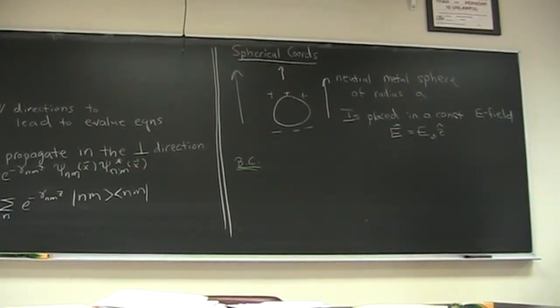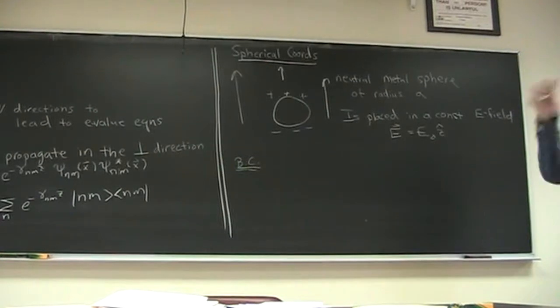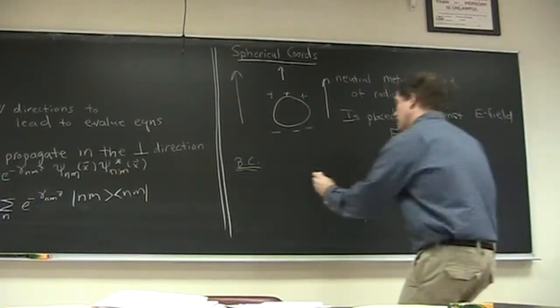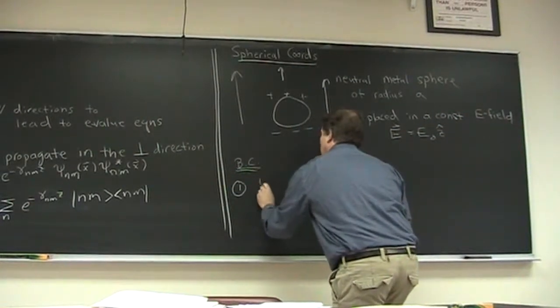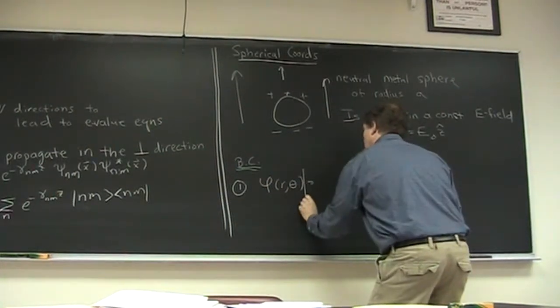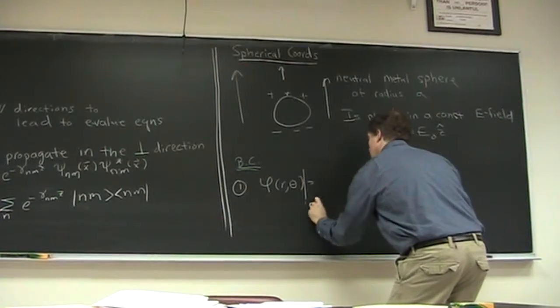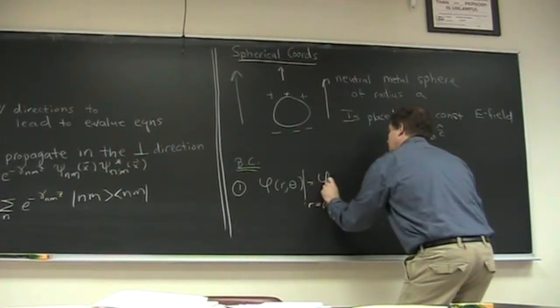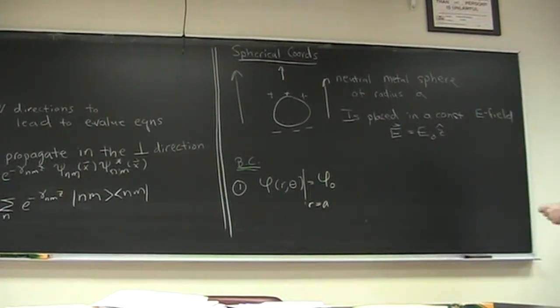First, the surface of the sphere, it's a metal sphere, is constant. The potential is constant on this boundary, otherwise charges would flow. Phi. So that's the first boundary.